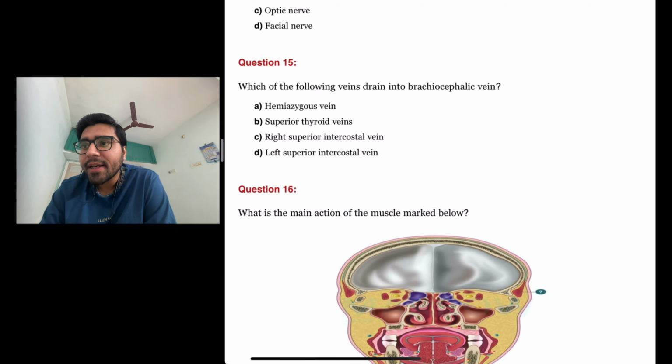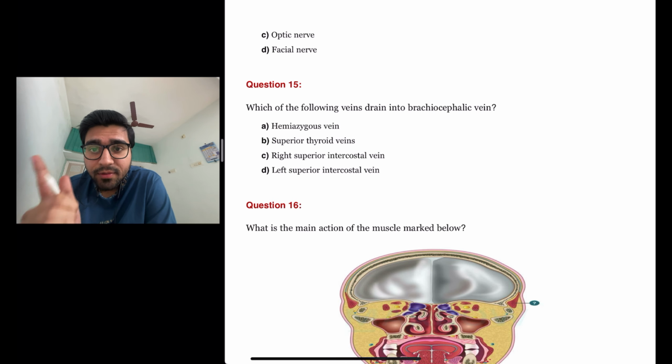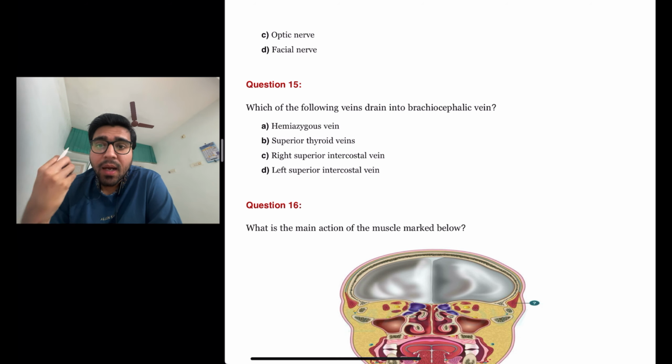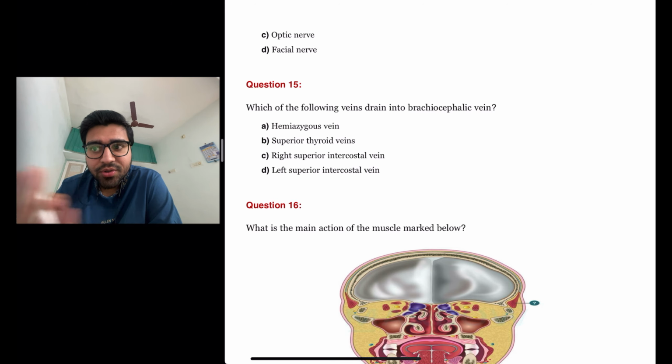Which of the following veins drain into the brachiocephalic vein? Again, I am telling you, the vascular supply, the vein supply, the nerve supply, and the diagrams are very important. If you know the diagram of the vena cava, tributaries of the vena cava, azygous vein, hemiazygous vein, then it is a simple and straightforward question.